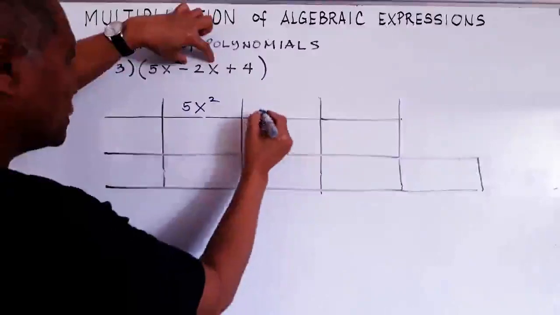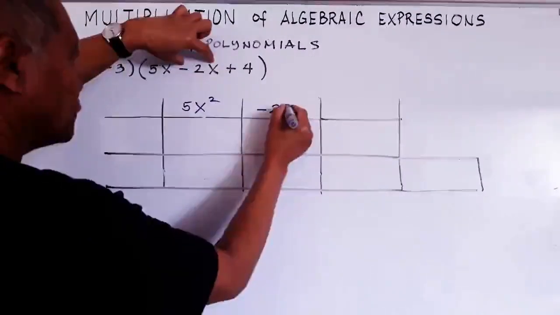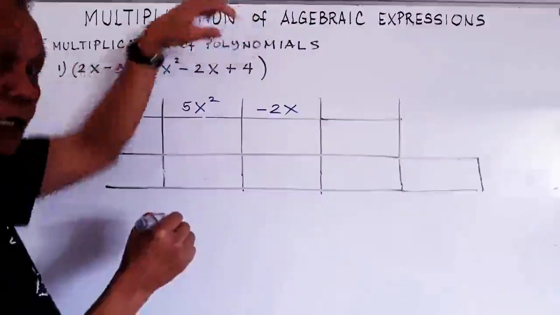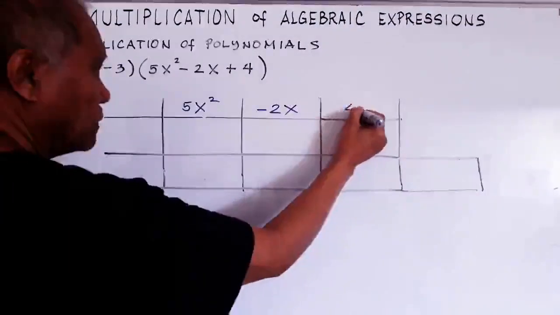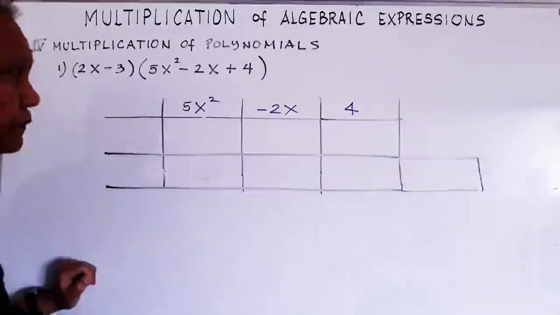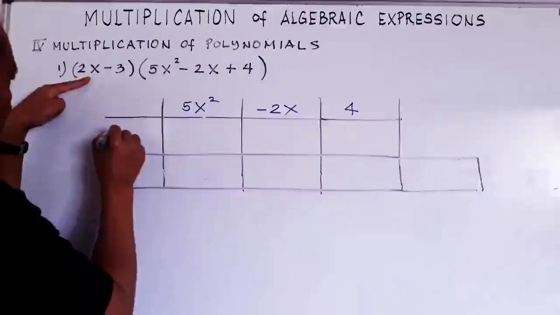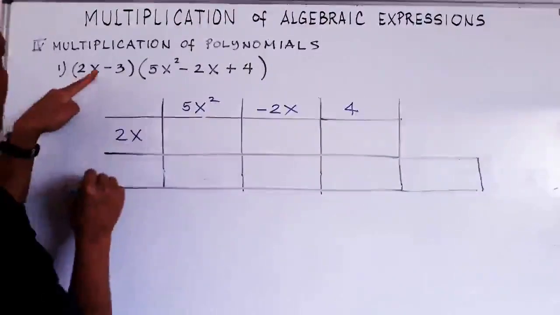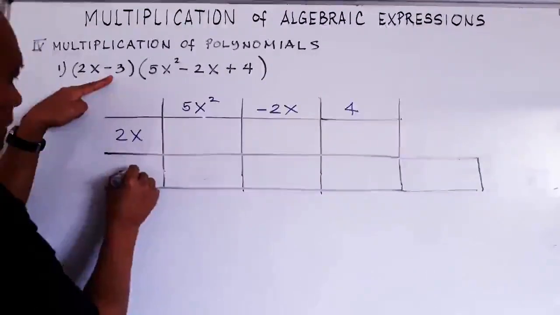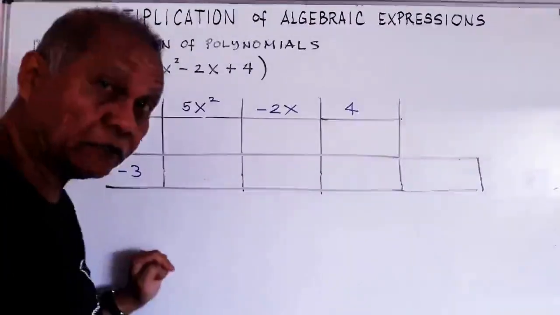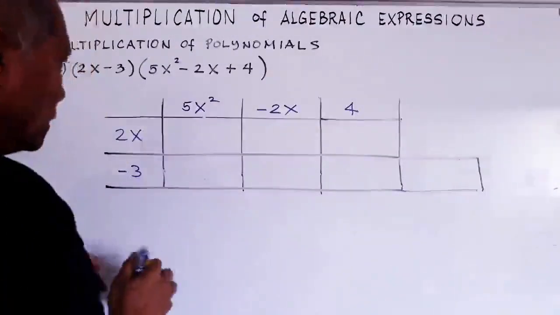Then the middle term, the second term is negative 2x. And we have the 4, the positive 4. Here I'm going to put the 2x here. And the negative 3. I need to include the negative here because that's negative.